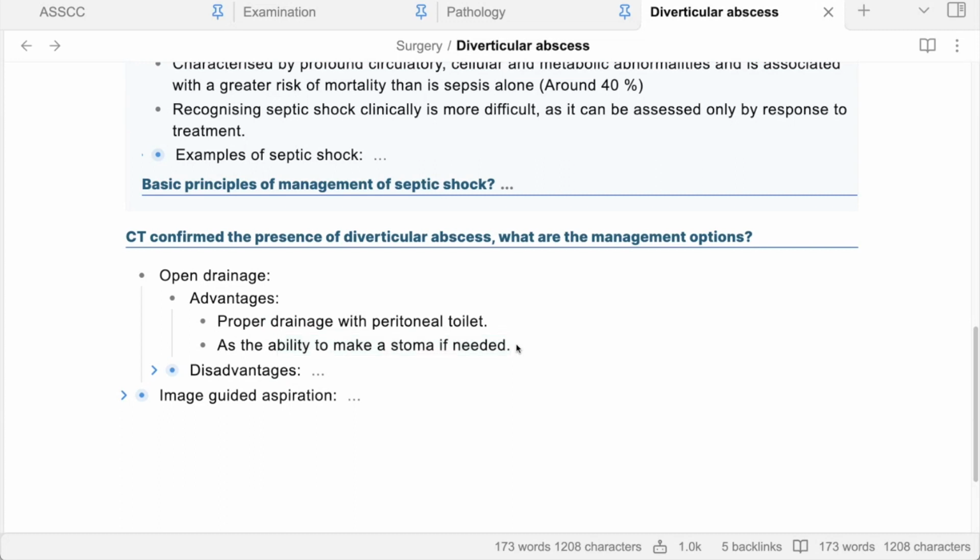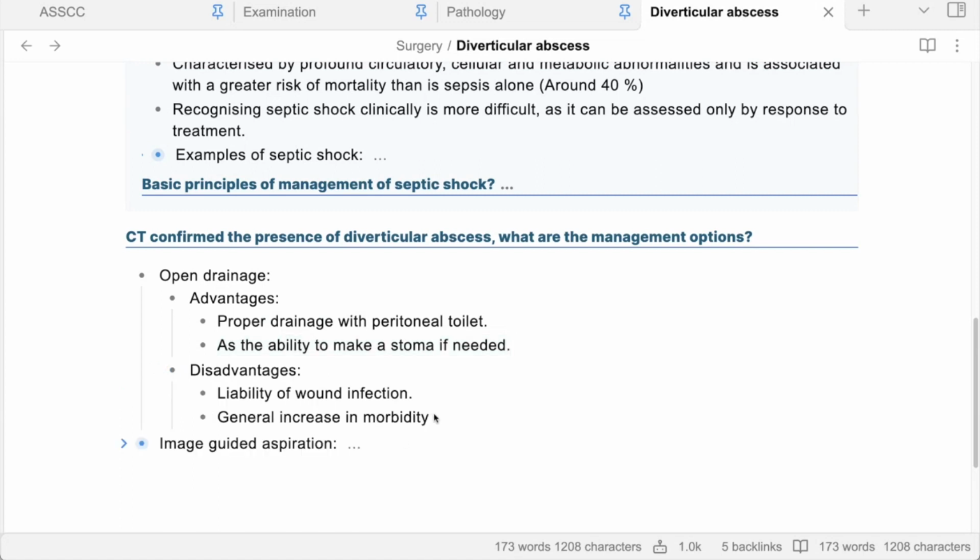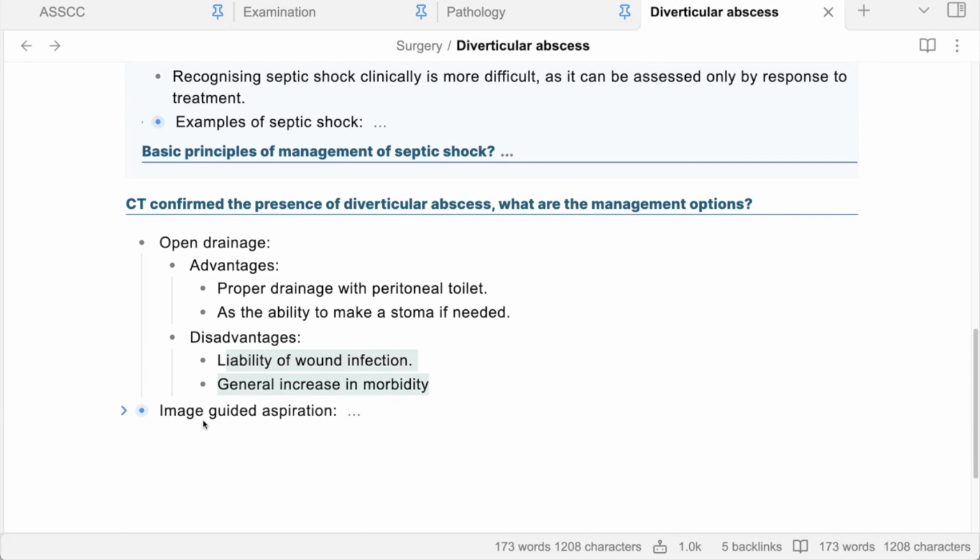All right, that's the important bit. You can make a stoma if needed. Disadvantage, you're giving your patient general anesthesia. It's high risk with multiple comorbidities, and wound infection can increase as well. All right. Well, image-guided, what are the advantages? I think that it will be less morbidity and less invasive for the patient. Yeah.